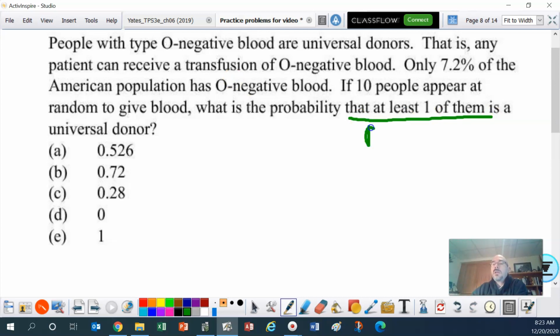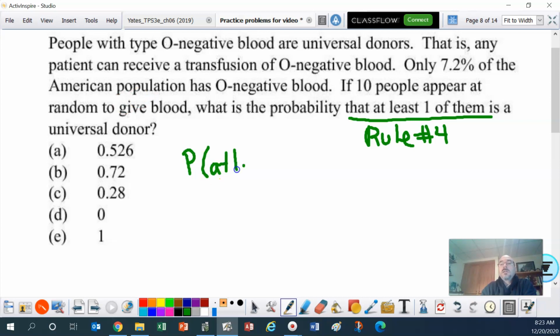Folks, as soon as I see those words, I think of rule number 4, the complement rule. So the question is the probability of at least one is universal. Now remember, at least one means one or more.